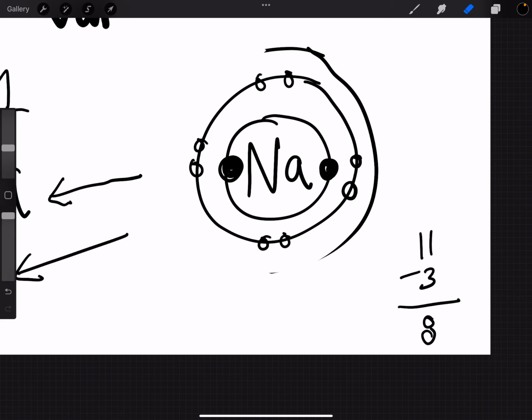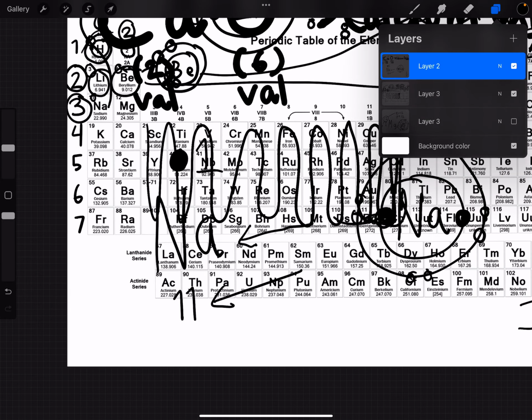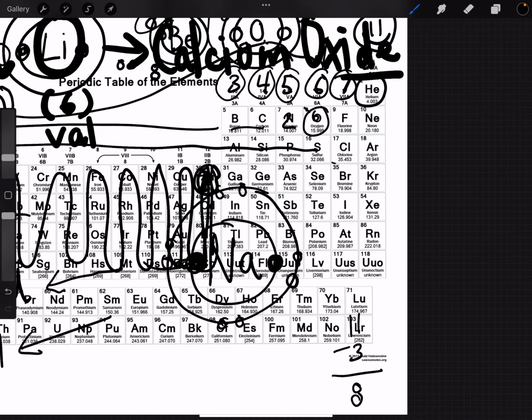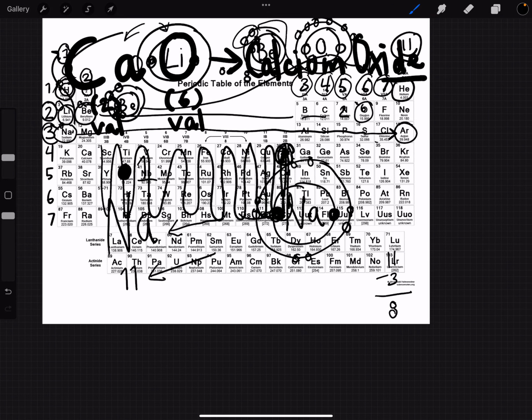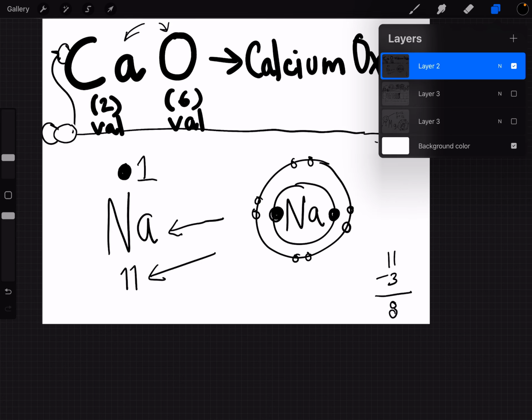So it would be argon in the end. It would be turning into argon, just like a cross. But that doesn't totally matter.